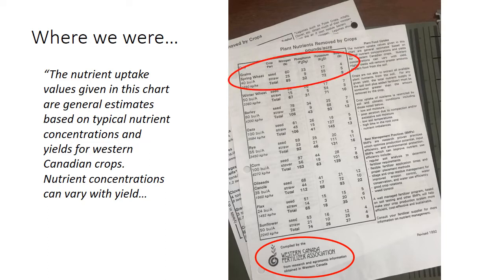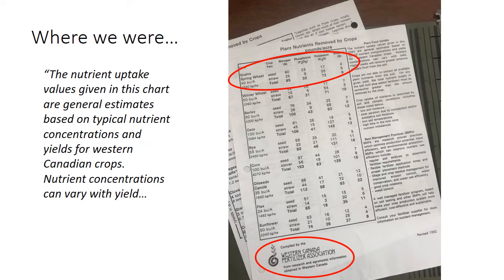It provided general estimates of uptake and removal of the macronutrients based on typical nutrient concentrations and yields for Western Canadian crops. They tell us that nutrient concentrations can vary with yield, so they're giving us the heads up that there's going to be some range in that data.